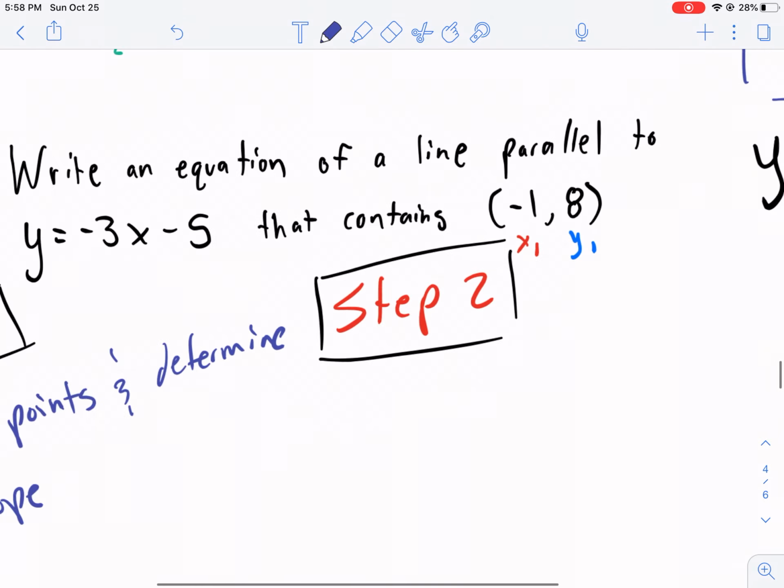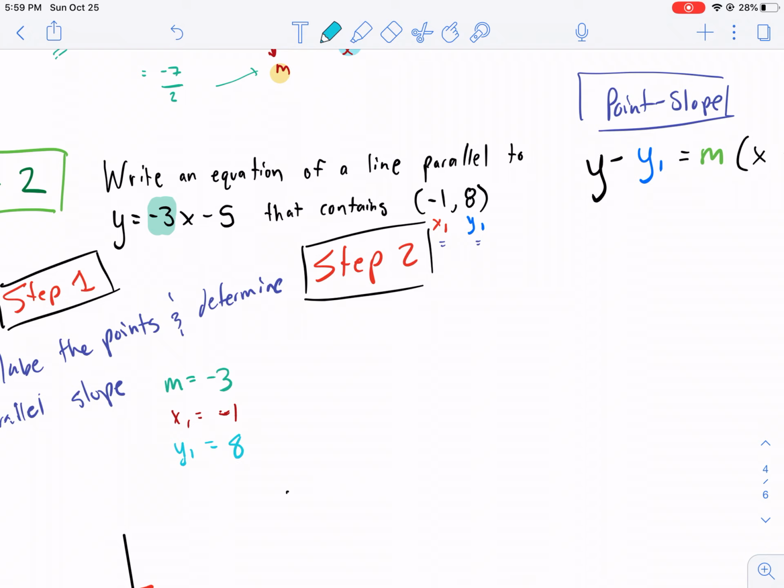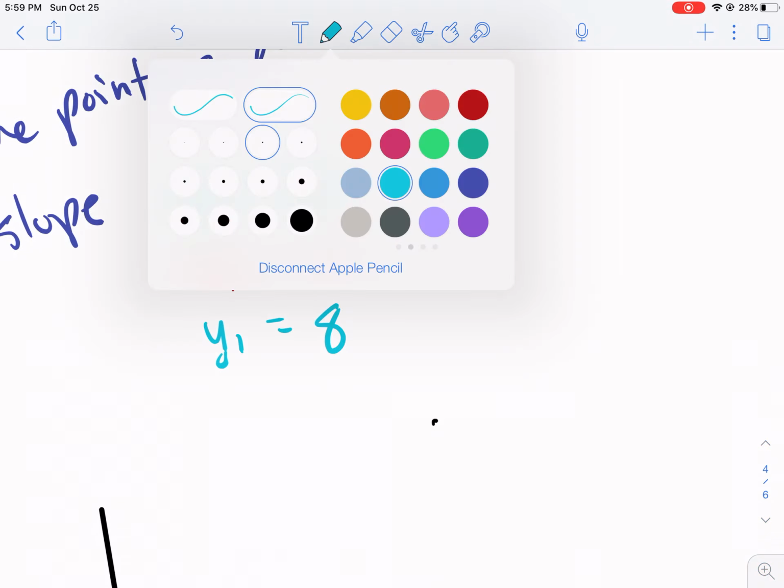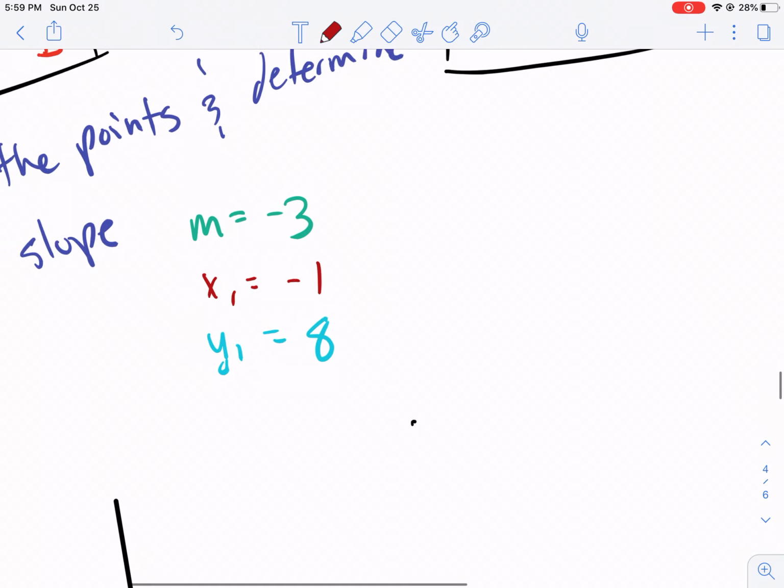It also needs to be -3. So the three pieces of information we have: the slope is -3, x1 equals -1, and y1 equals 8. Sorry, that negative sign's a little annoying to me. I want to make sure it's correct. I'm sure it was bothering you too.